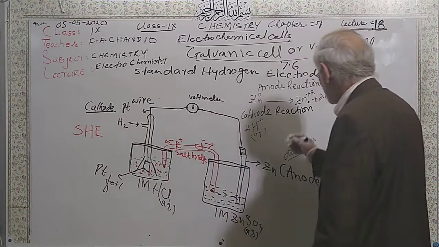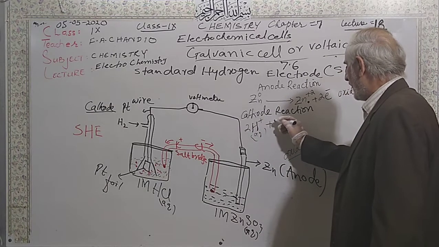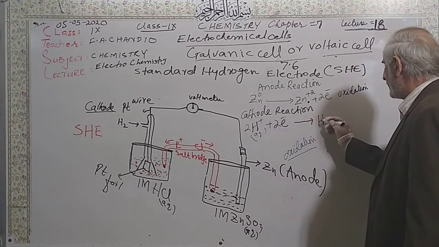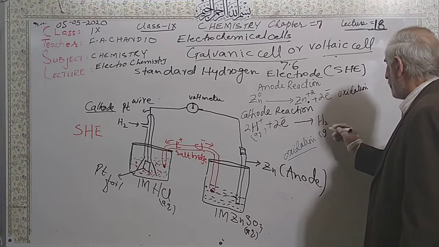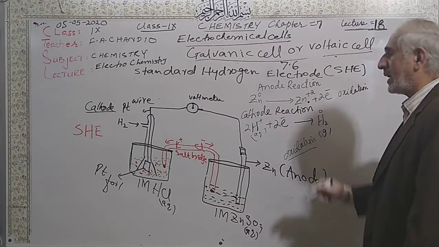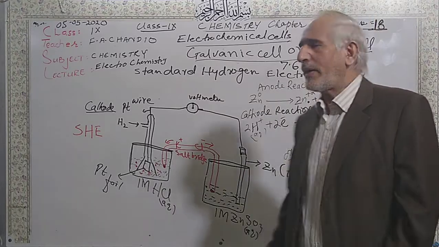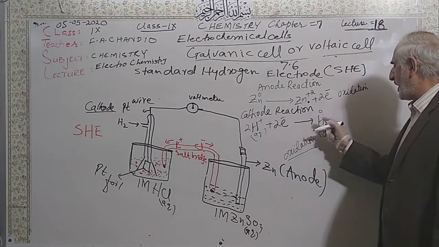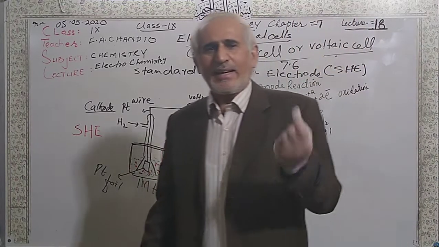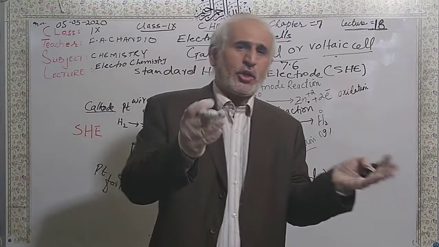So these hydrogen ions gain 2 electrons to make hydrogen gas, because the oxidation number decreases. There should be one oxidation and there should be a reduction. So hydrogen ions change into hydrogen gas, and I told you the standard hydrogen electrode oxidizes or reduces.